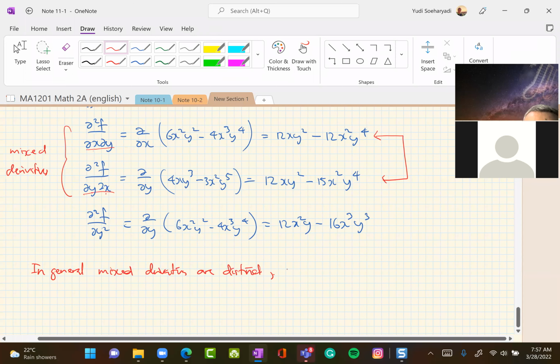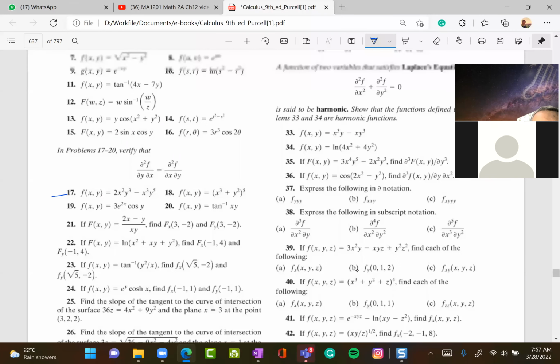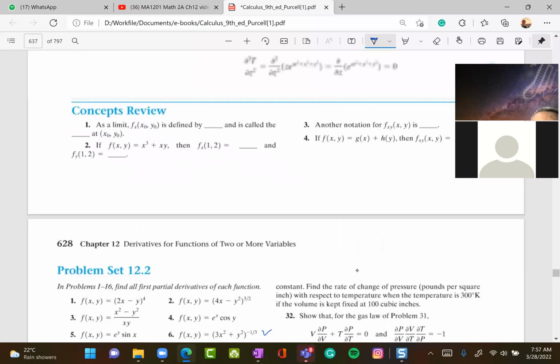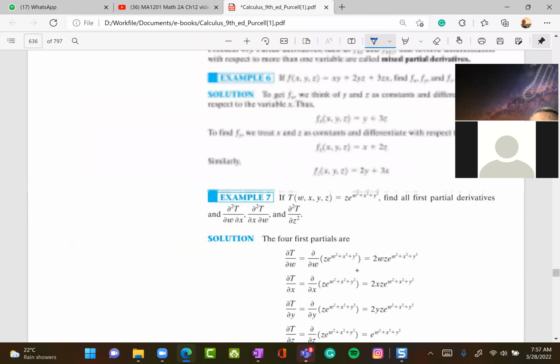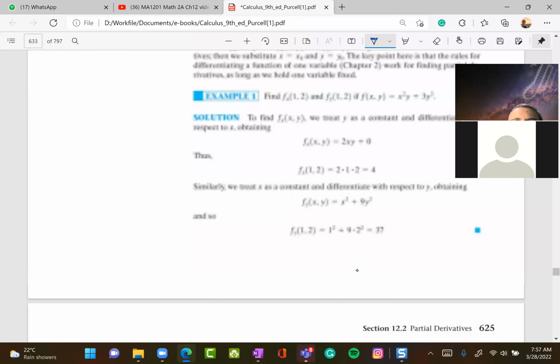But however, we have this one here. Let's see, go back to the textbook. Let me show you one thing here. Where is that theorem?